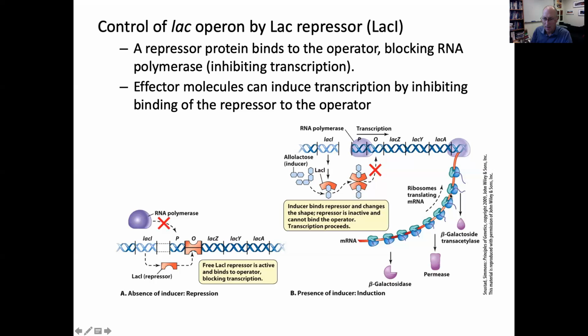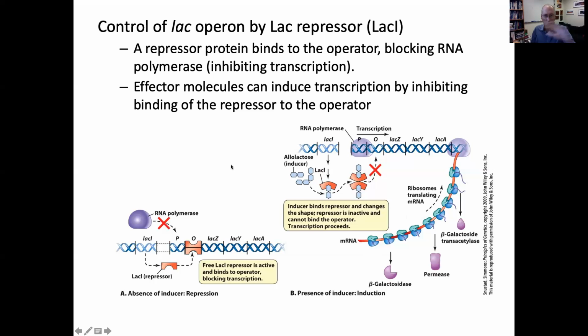So you see this messenger RNA here, and of course in bacteria, ribosomes have direct access to the messenger RNA because there's no membrane separating the nucleoid from the cytoplasm, so it starts being translated. Beta-gal is produced by the first gene, LacY permease by the second, and transacetylase by the third. Okay, so that's what happens when lactose is around.